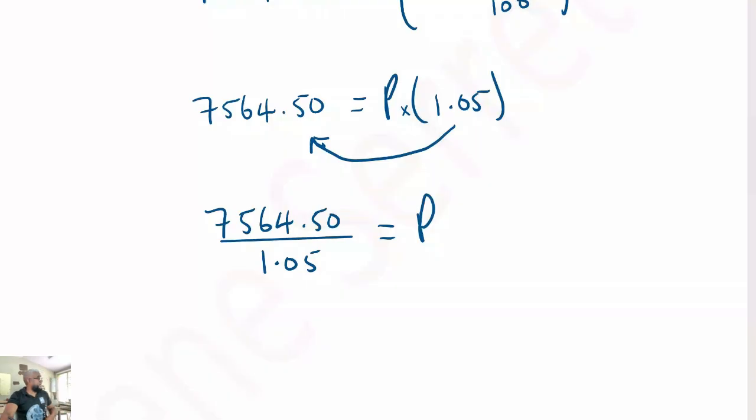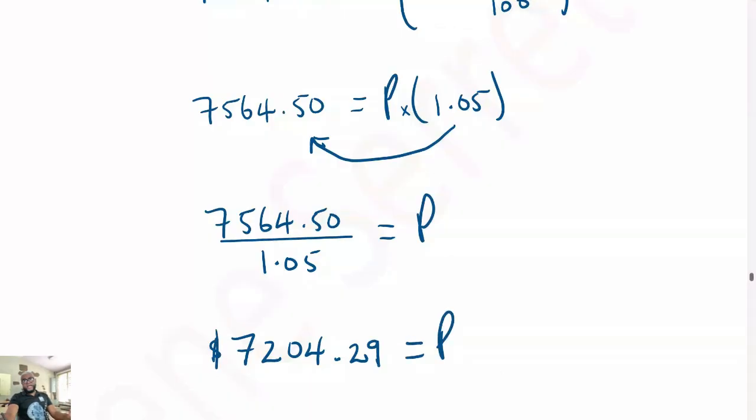Divided, yes. 7,204.28. What after the 8? So 29 cents, $7,204.29, is my principal. That's what they asked us for. That is all the questions we have for compound interest on this worksheet.